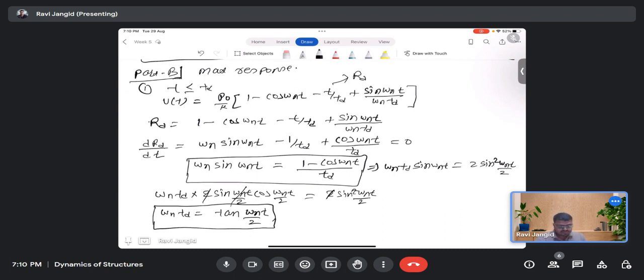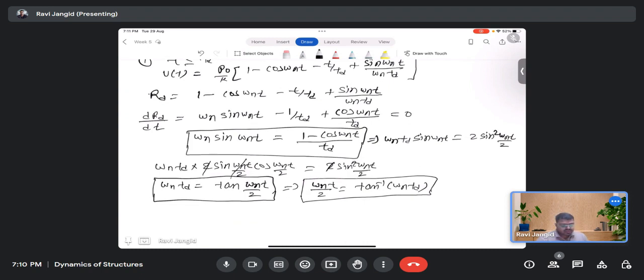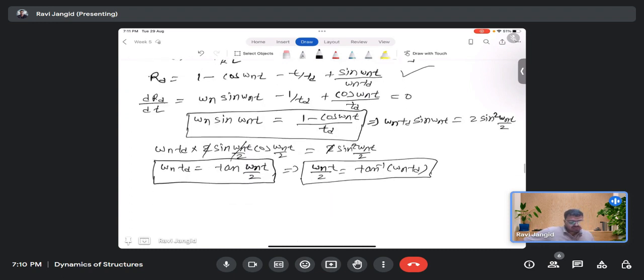So what is my t? Omega n t by 2 would become tan inverse omega n td. I need to put the value of t in this expression, so I can do it in a different way also.